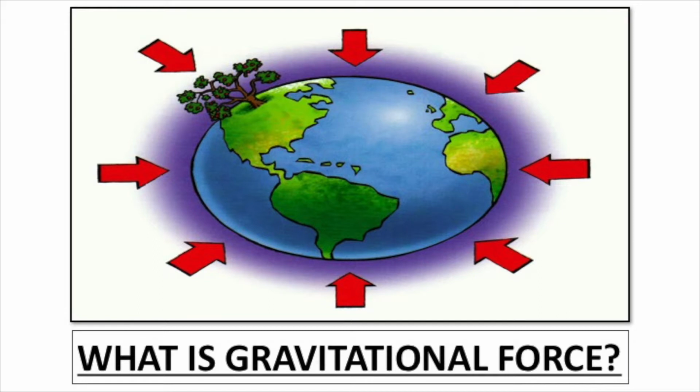These arrows aren't really there. This is the gravitational force that's invisible. But what these arrows signify is that there is an invisible force that pushes everything back to the Earth. That's why when we throw objects up, they come back down. The invisible force is known as gravitational force. And that's what we're going to be learning about more today and demonstrating ourselves.